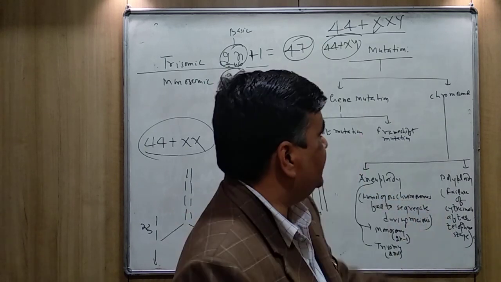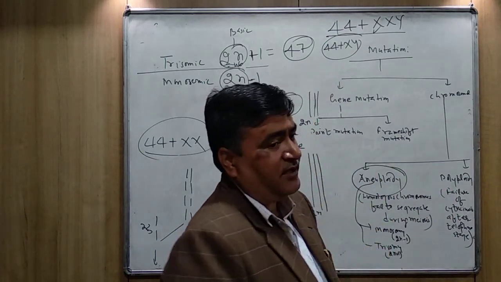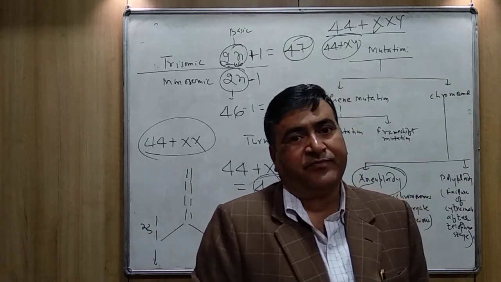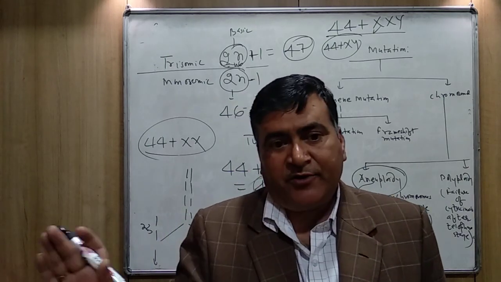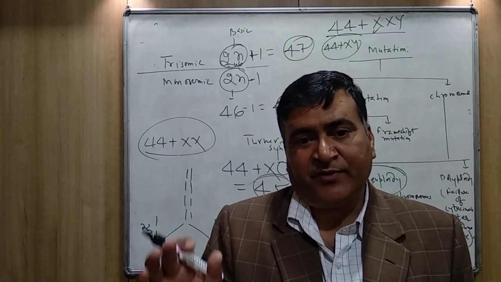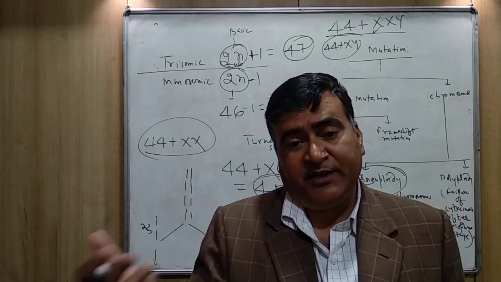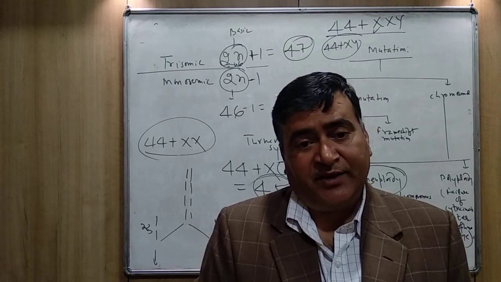Actually, aneuploidy occurs in human beings, but the polyploidy condition has not been reported in the case of human beings. It's a very major mutation. And this polyploidy condition has been created in plants naturally.